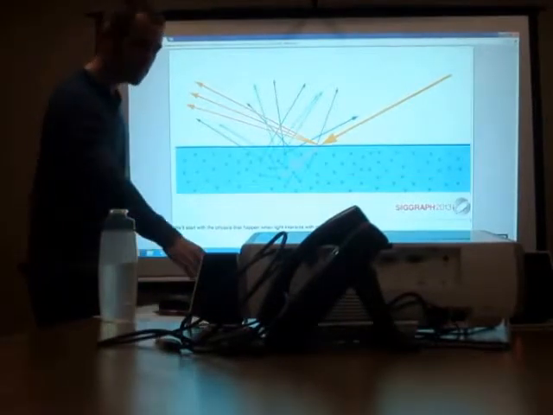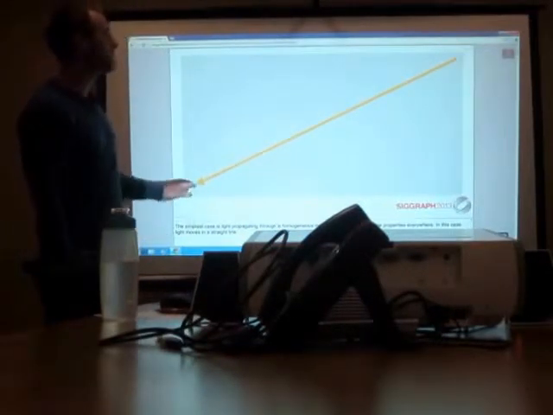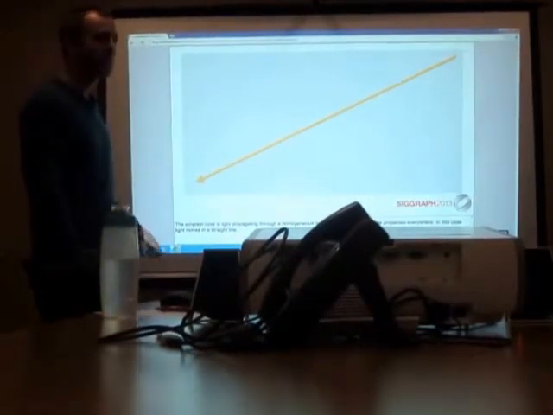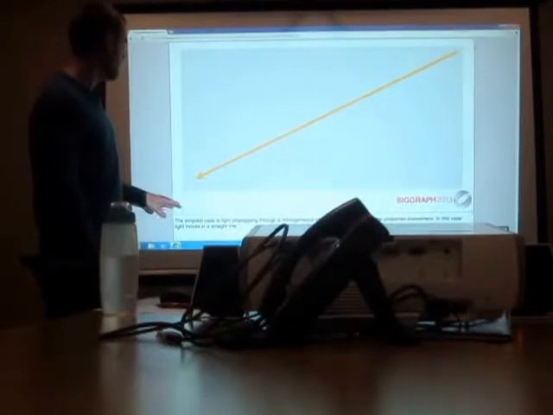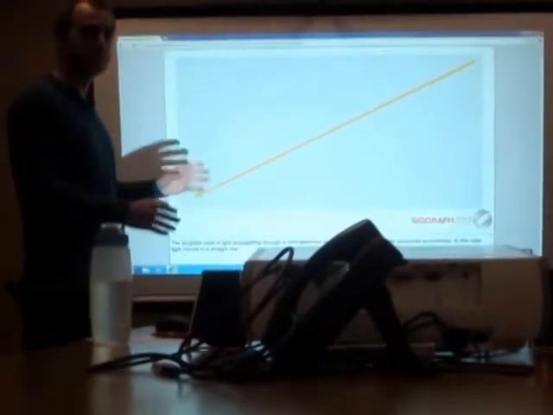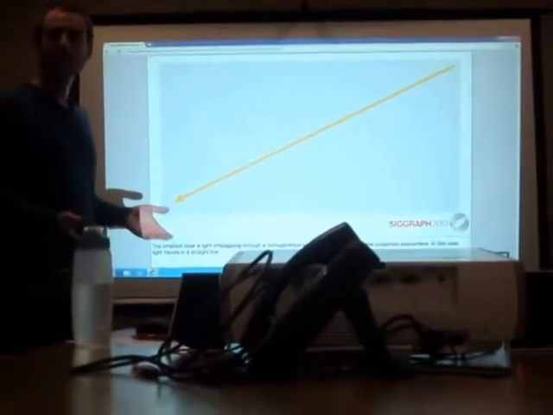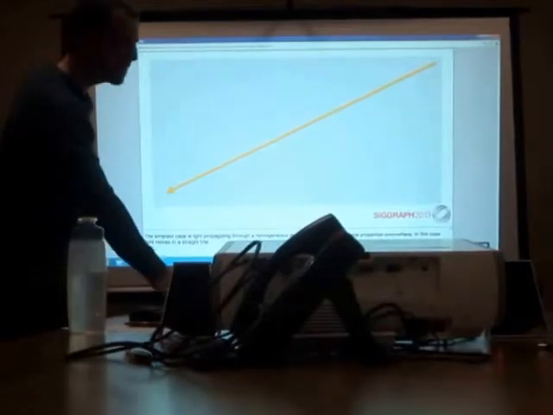So he's going to break down each one individually. He's going to start with a single light ray, and when light passes through a homogeneous medium where there's no barriers to any kind of surfaces, it just travels in a straight line. It's pretty simple.